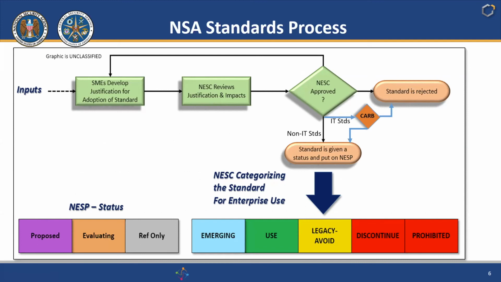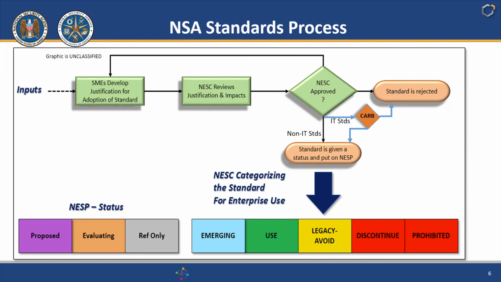Then we write a justification that includes a review of the standard and the impact that it will have. Then we send it to the NESC, and the NESC gets it approved, and then it goes to either the CARB or to the chief systems engineer, and we give it a status.